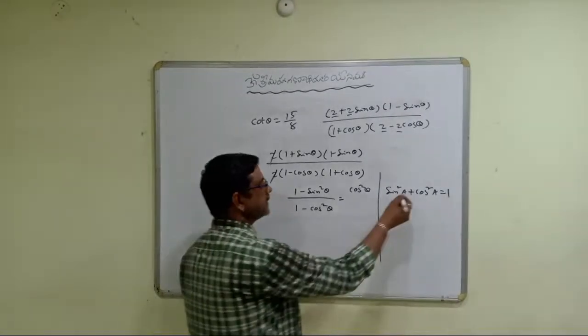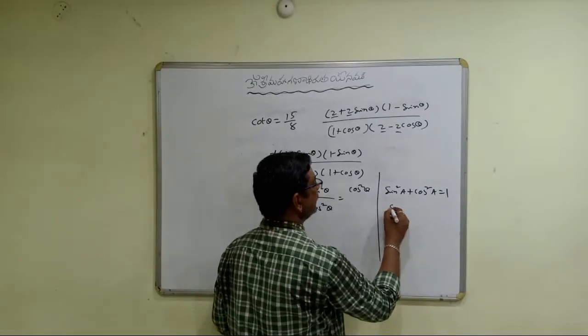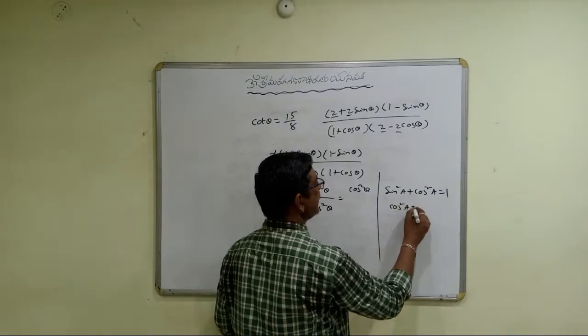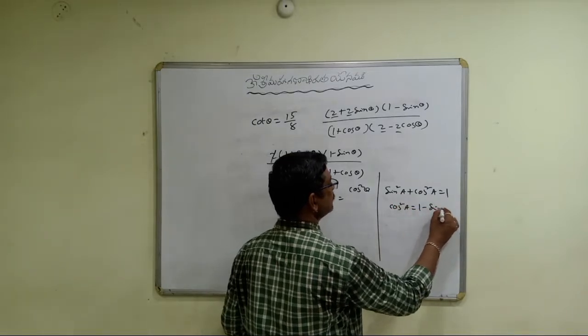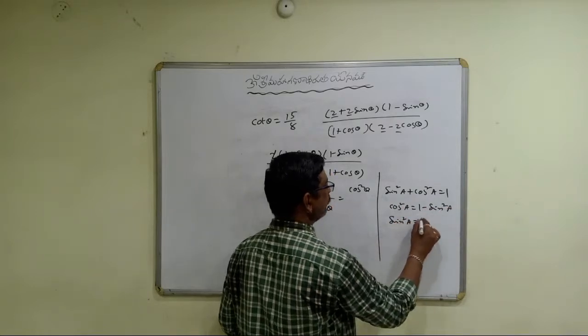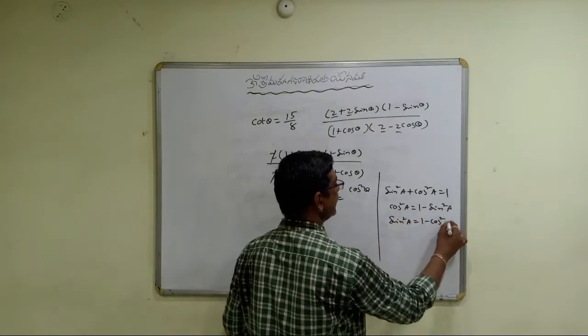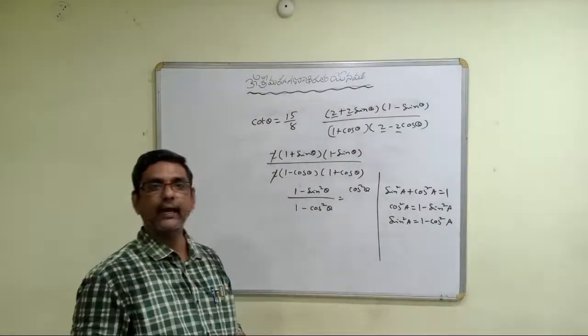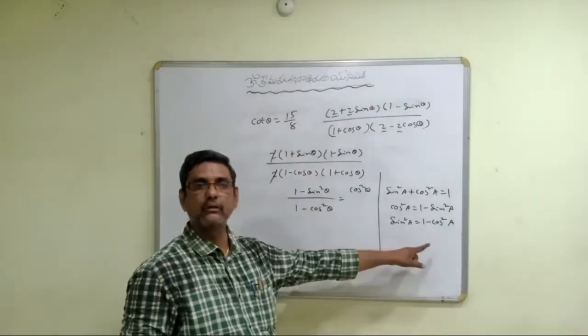So from this identity, I can write cos square a as 1 minus sin square a, or sin square a as 1 minus cos square a. Okay?